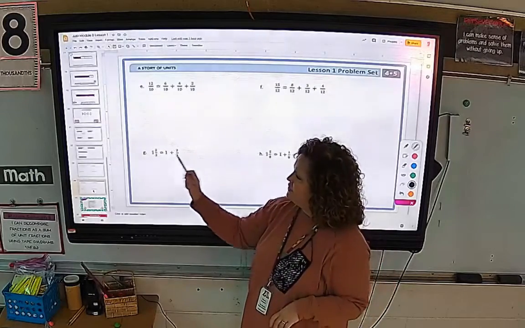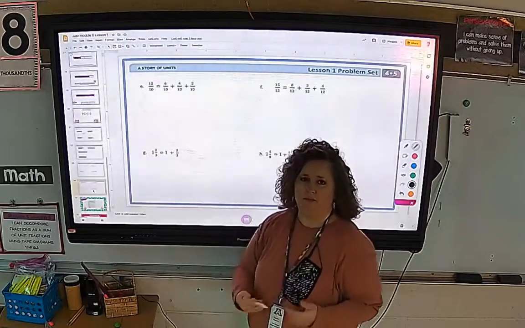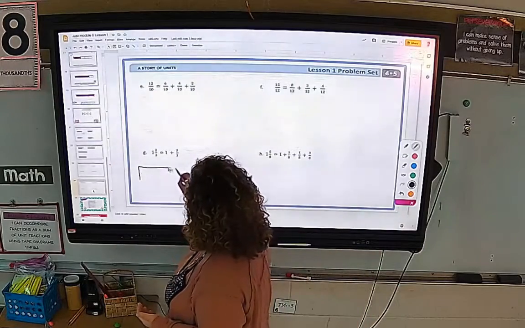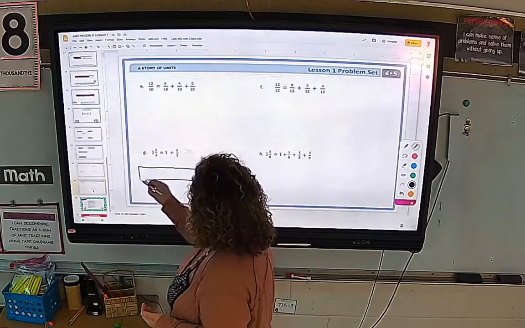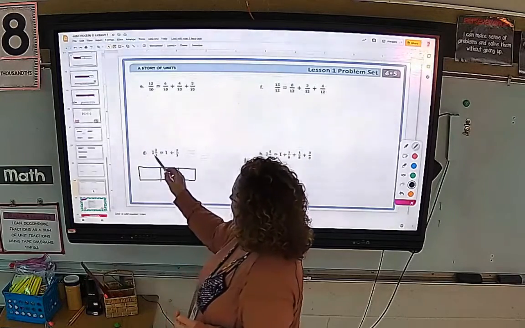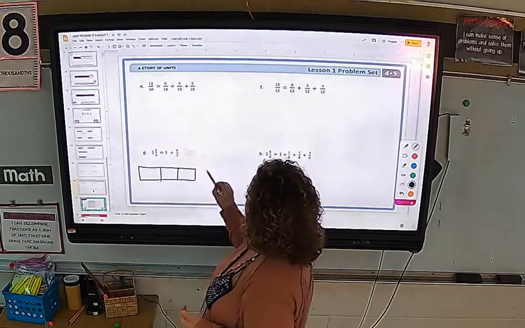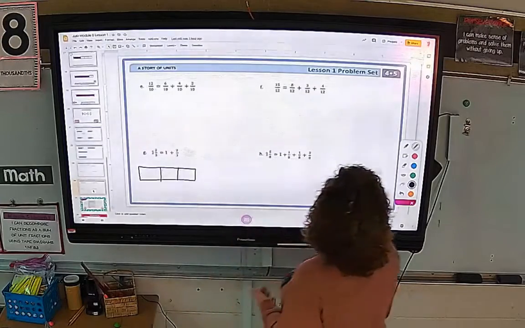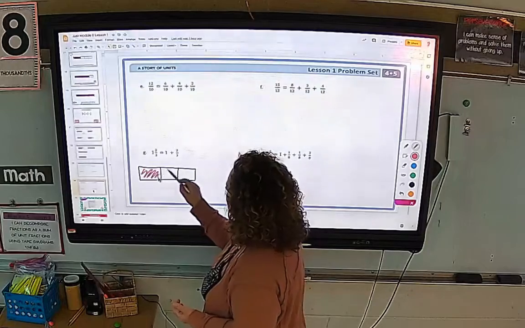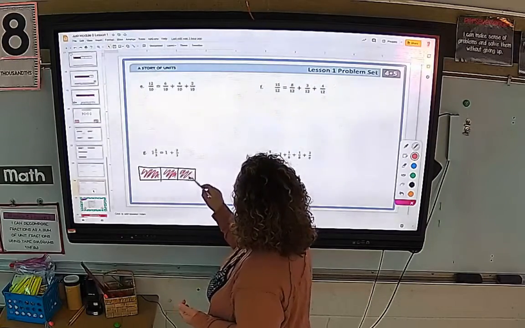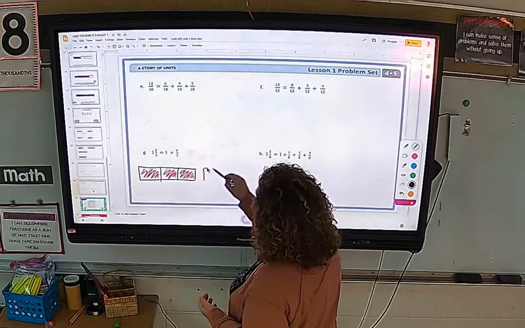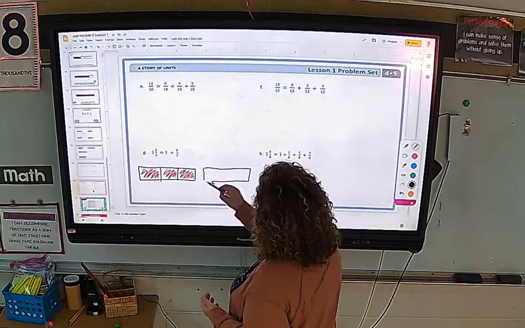Okay, and paying attention to all of my fractions, I know I'm dealing with thirds. So I'm going to have 1 whole. Remember, these are thirds. And then I'm going to have 2/3. Okay, so I'm going to have 1 whole. And then if I drew a second one, I'm only going to have 2/3 of that one.